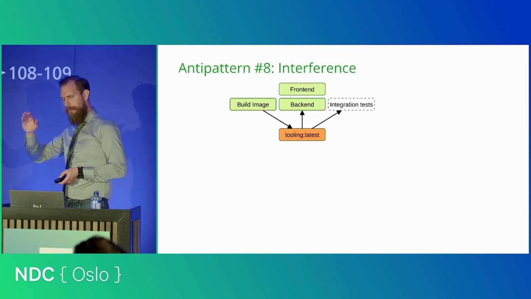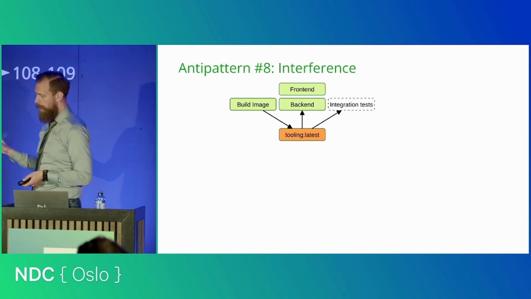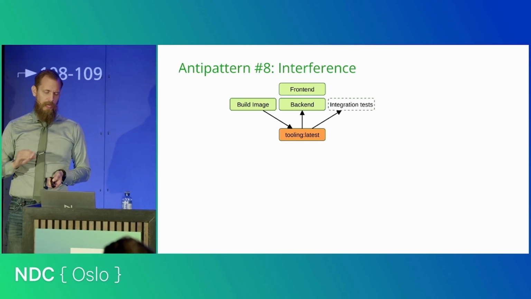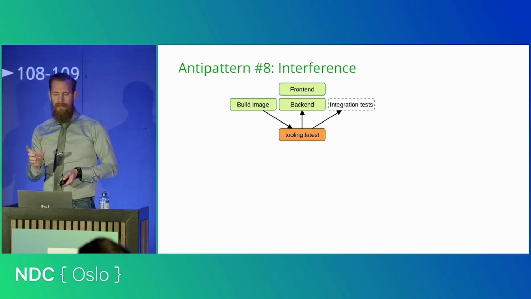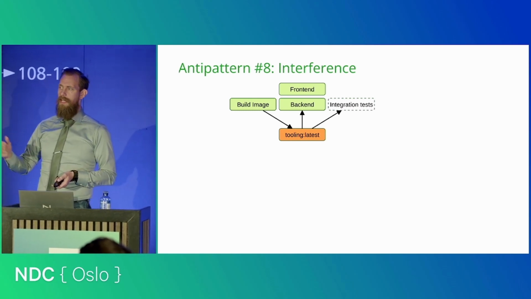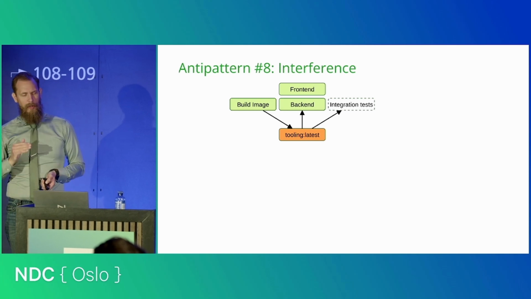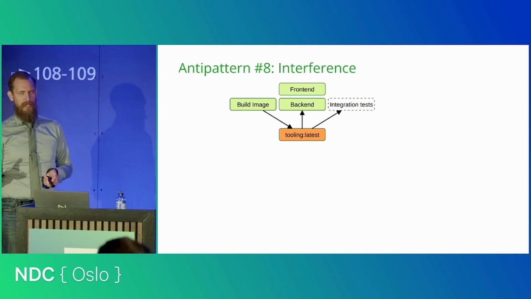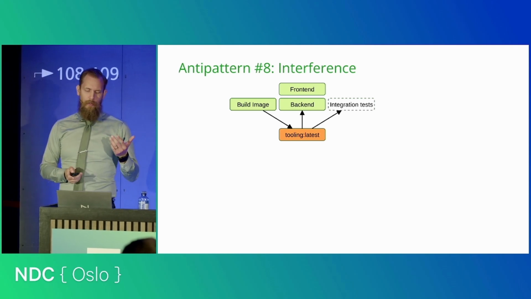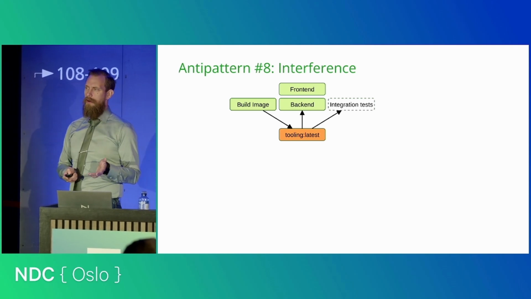We have 4 steps. One where we build the image, then we publish that image as the latest image. Then we have a backend and a front-end job, and then we have an integration test job once those have finished. So what happens when we use the latest tag for our image?